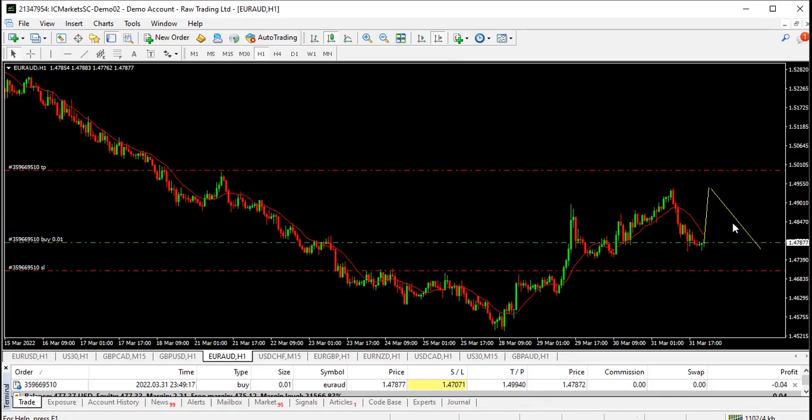You still have some money which is locked within that single trade. At least when the trade goes against you, you still have money that you can capitalize out of that trade. So that's the use of a trailing stop loss, and that's how it works.